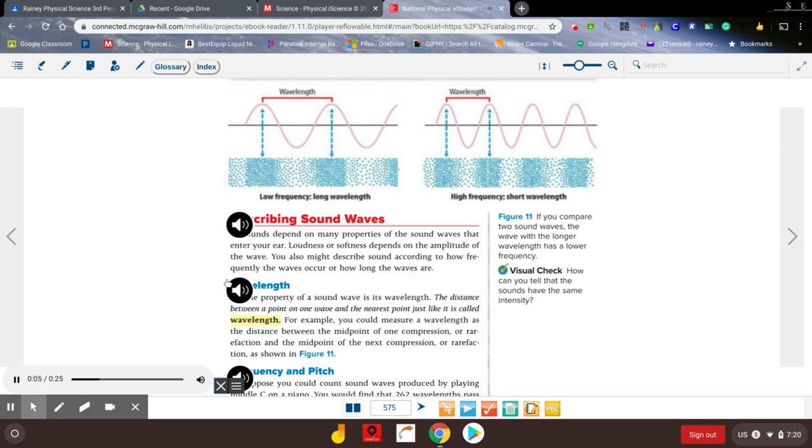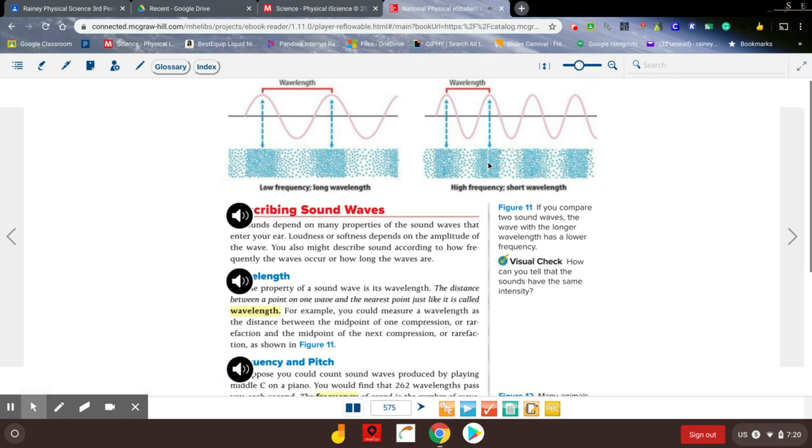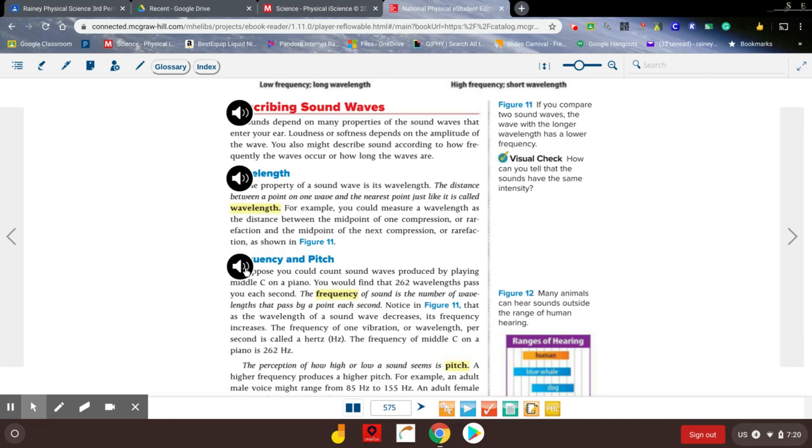The distance between a point on one wave and the nearest point just like it is called wavelength. For example, you could measure a wavelength as the distance between the midpoint of one compression, or rarefaction, and the midpoint of the next compression, or rarefaction, as shown in Figure 11.